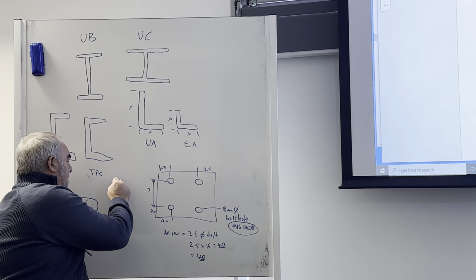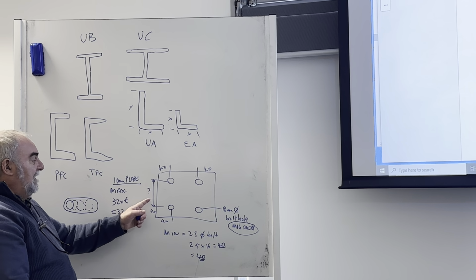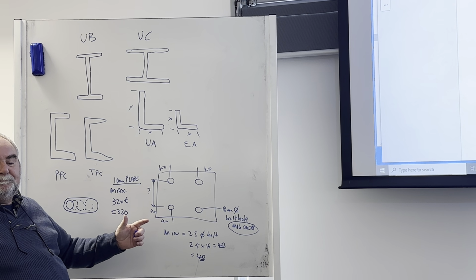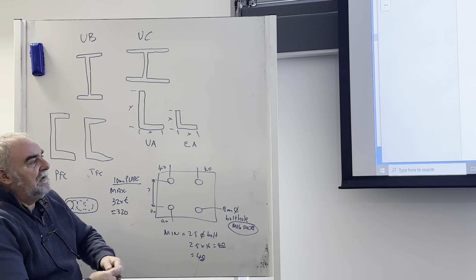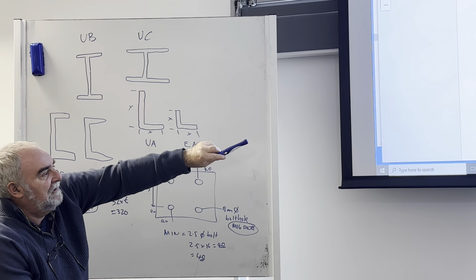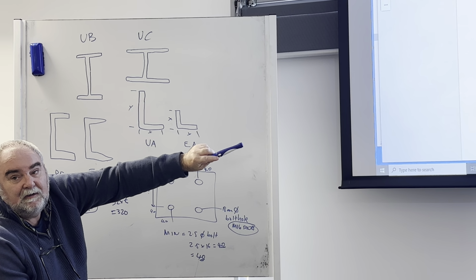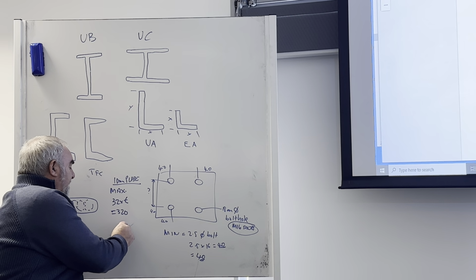So a 10 millimeter plate equals 320 as your maximum before you have to put another bolt in. However, if you look up there, it says the compression or tension shall not exceed 32 T or 300. So we actually have to drop that back to 300.